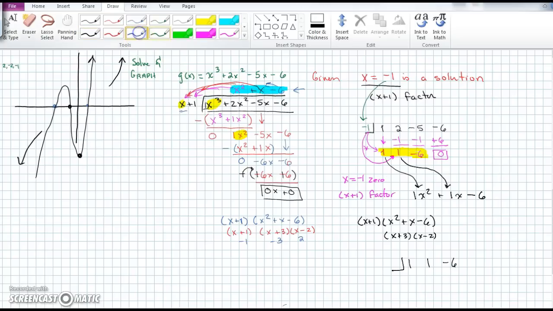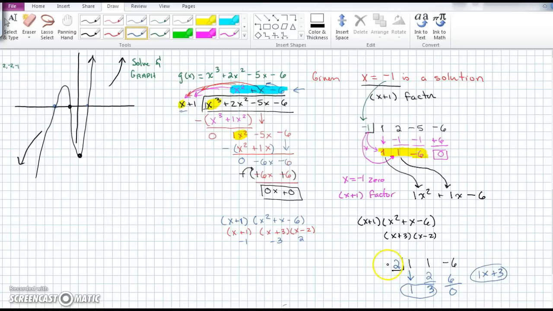We know one of them is 2, so I'll show you. 2, bring down the 1, 2 times 1 is 2, add 3. 2 times 3 is 6, add 0. That means my last factor is this right here, 1x plus 3.